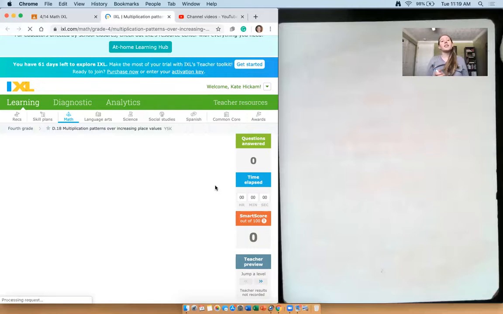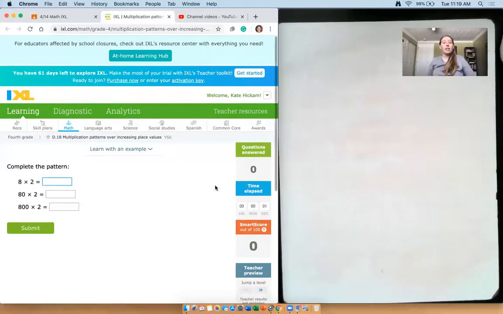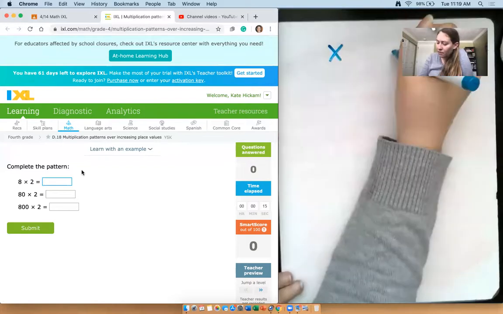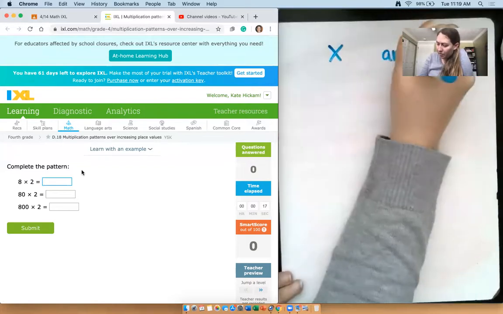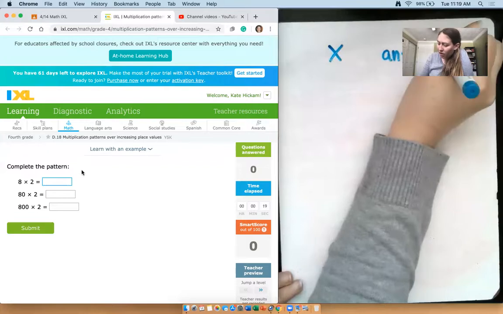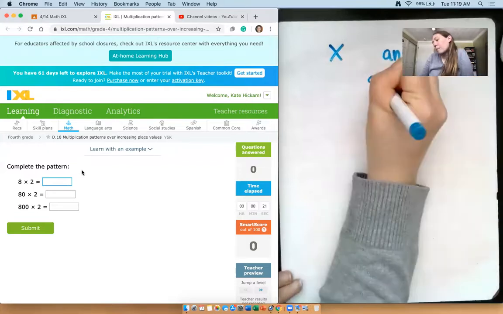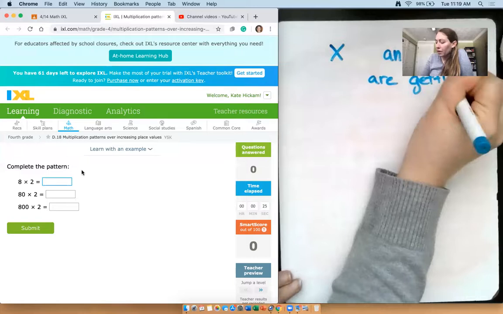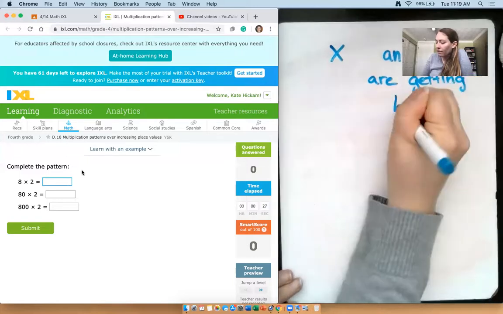Good thing here is we know that we're dealing with patterns and we know that they're increasing values. So that just means we are going to be multiplying no matter what, and our answers are getting bigger because it says increasing values.